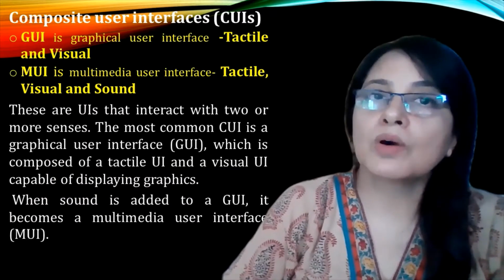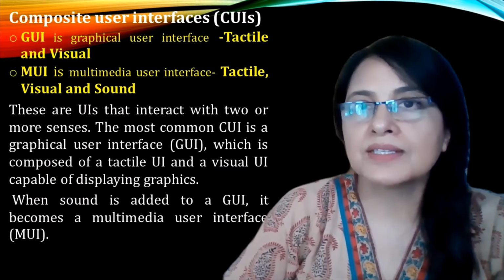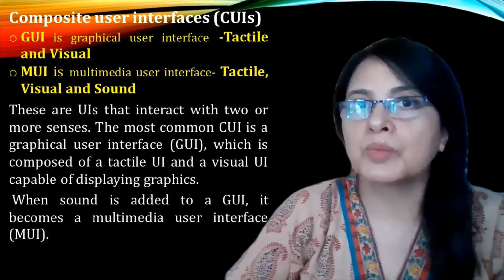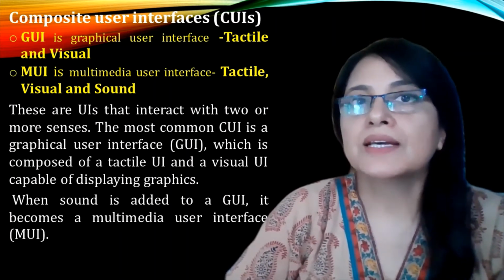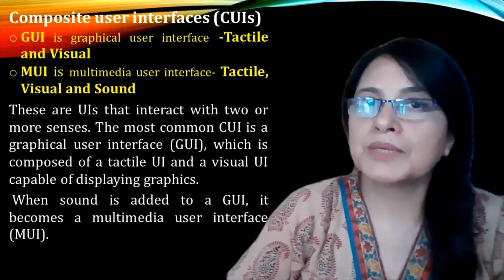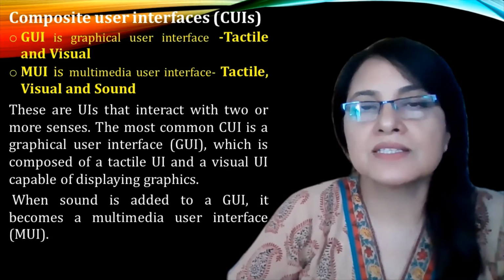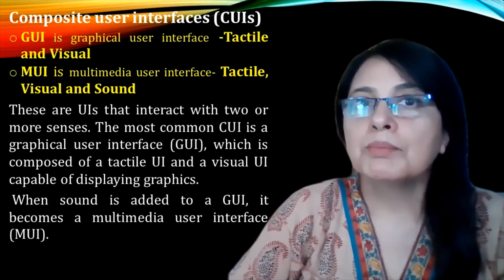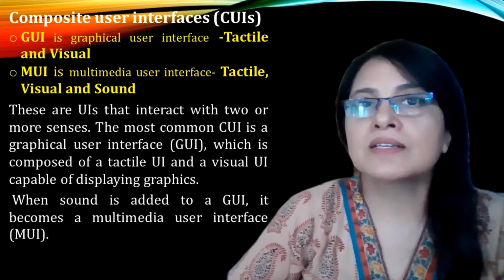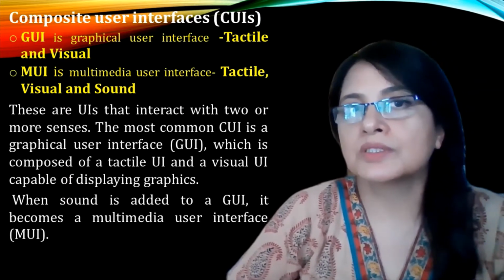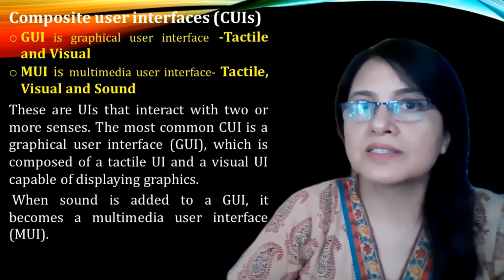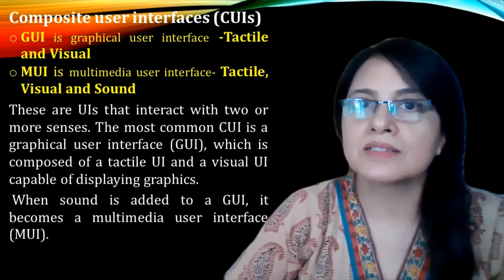Let us look at the composite user interfaces, that is combination of more than one interface. That is, GUI is basically a graphical user interface which uses tactile and visual. Multimedia is when we add sound to the GUI, that is, it's tactile, visual, and sound.